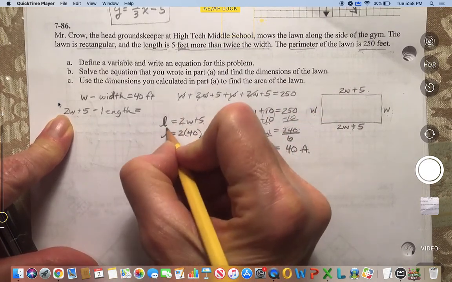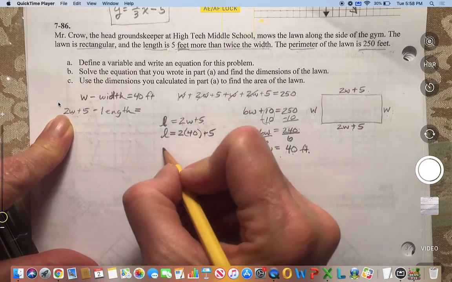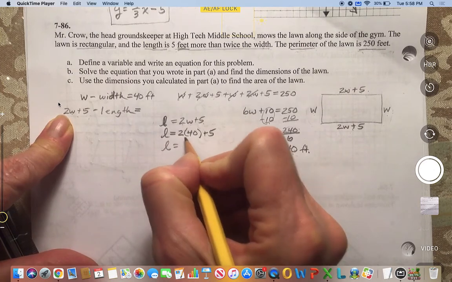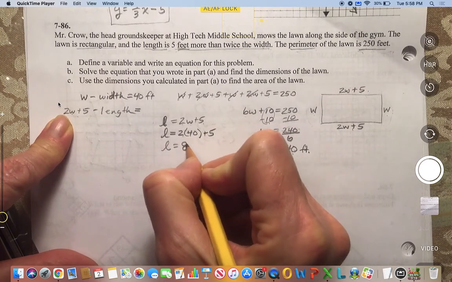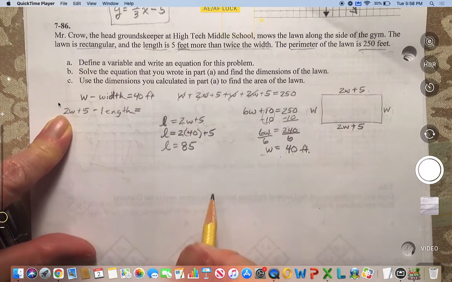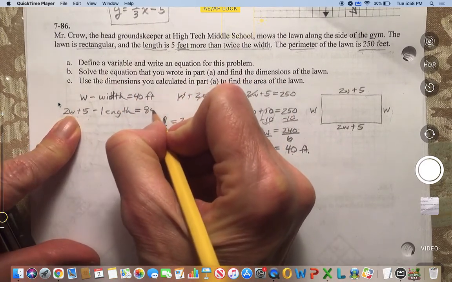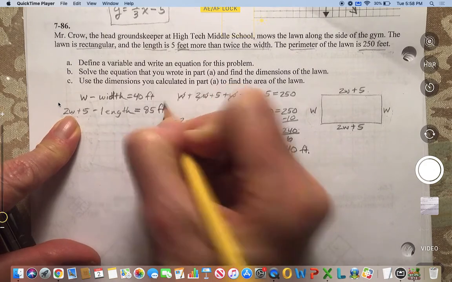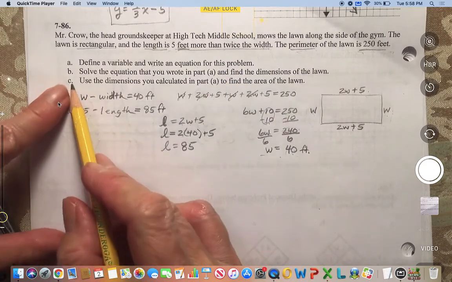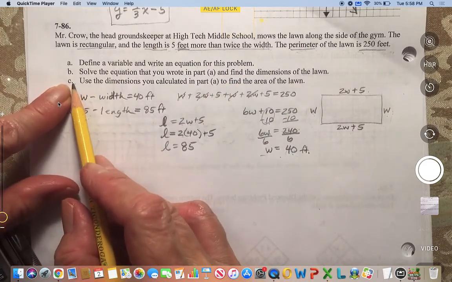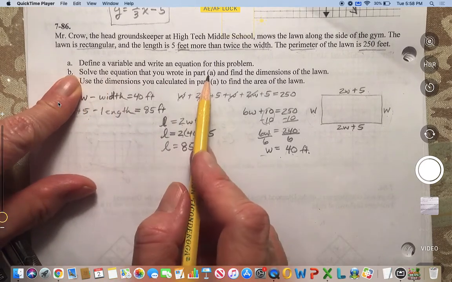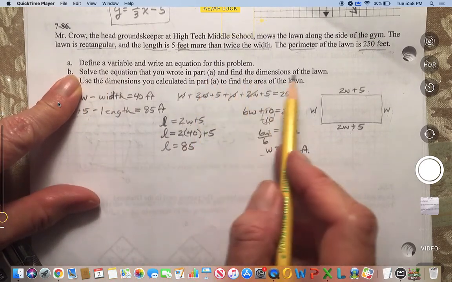All right, that's what the length is equal to. And length is equal to 80 plus 5, which is 85. All right, so there's our length. It's 85 feet.